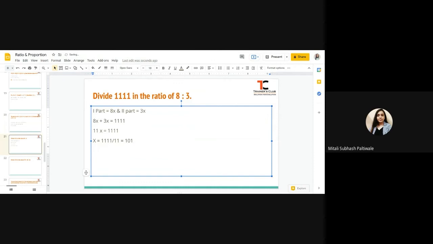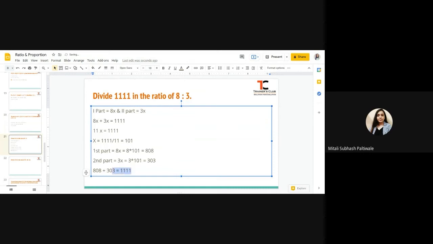That's it. So your first part is now 8x. That is equal to 8 into 101, which is equal to 808. And second part is equal to 3x, which is equal to 3 into 101, which is equal to 303. And if we add 808 plus 303, we will get our answer as 1111.